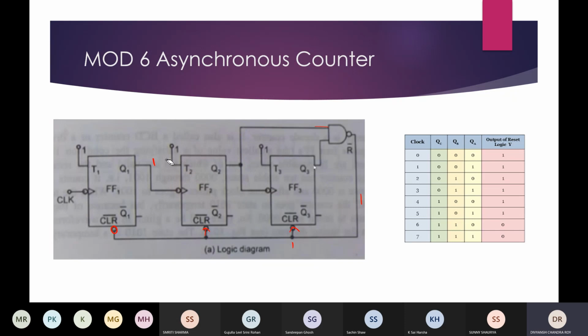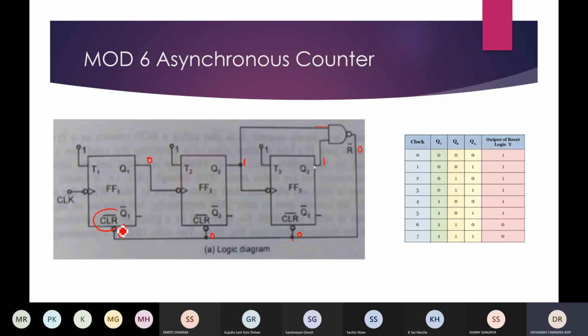So 1 1 0 means 6, and if 6 arrives at the state of the 3 flip-flops, then the output 1 1 will make the output of the NAND gate 0, and then it will be clearing all the flip-flops. If it is 0 here, then it is going to clear all the flip-flops.